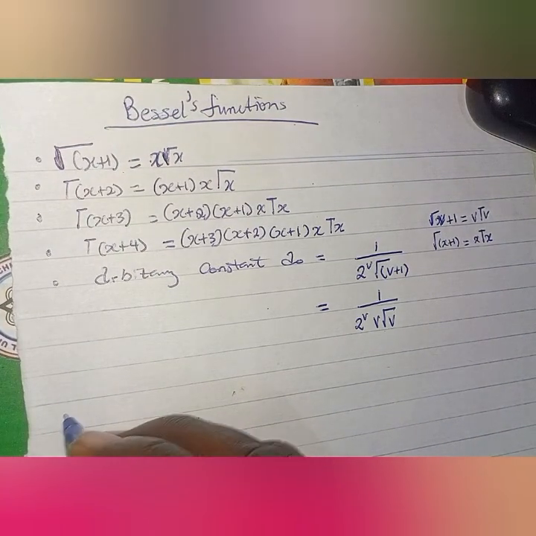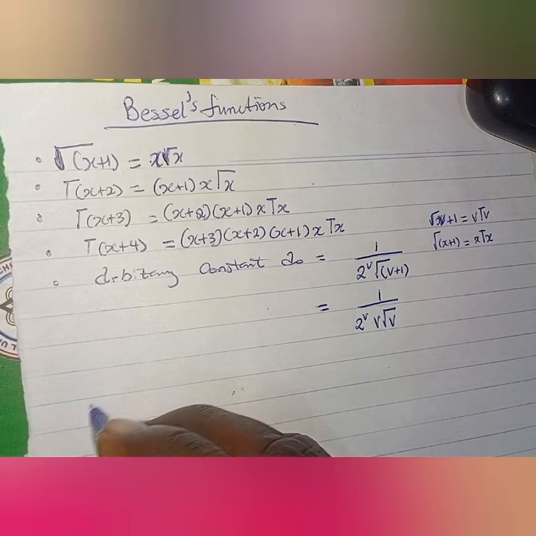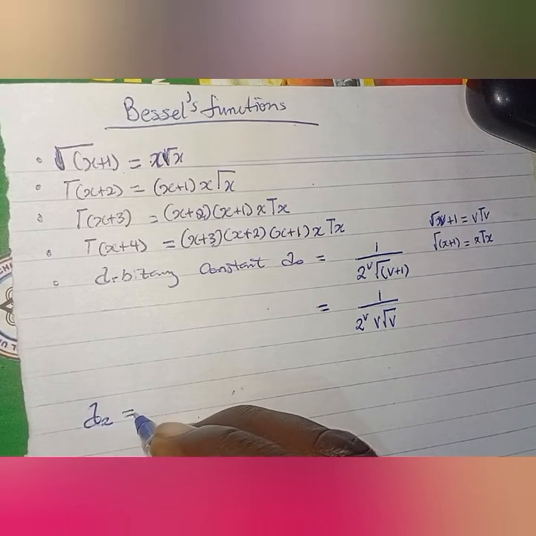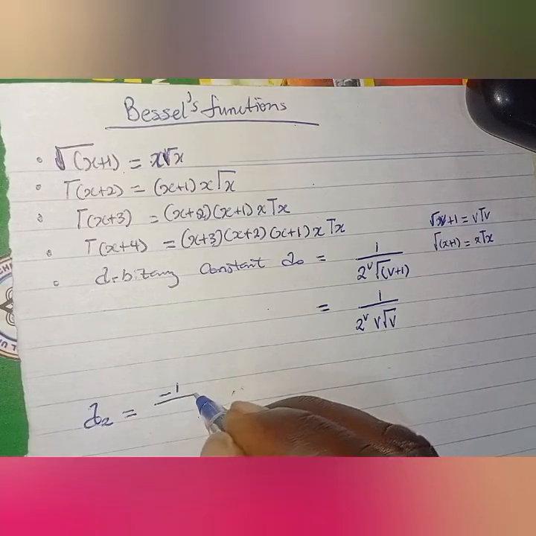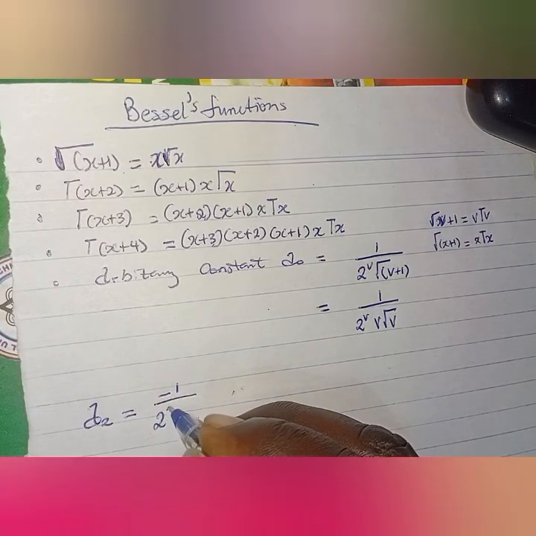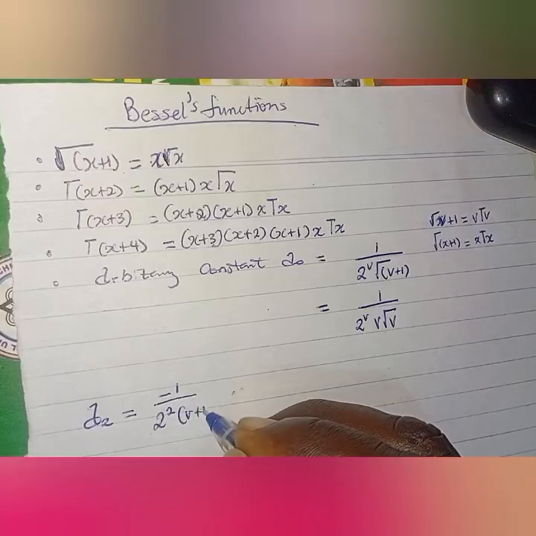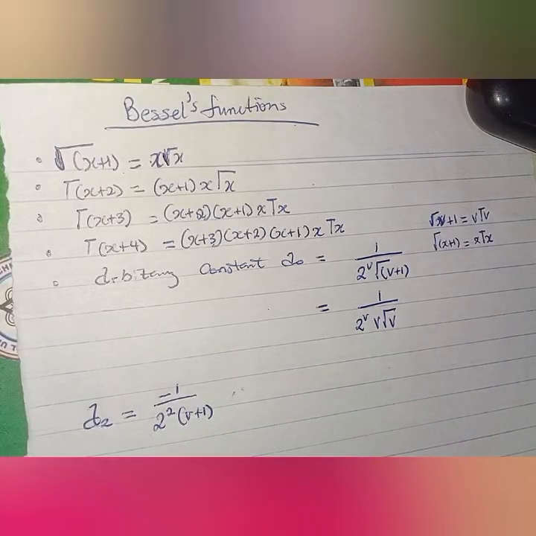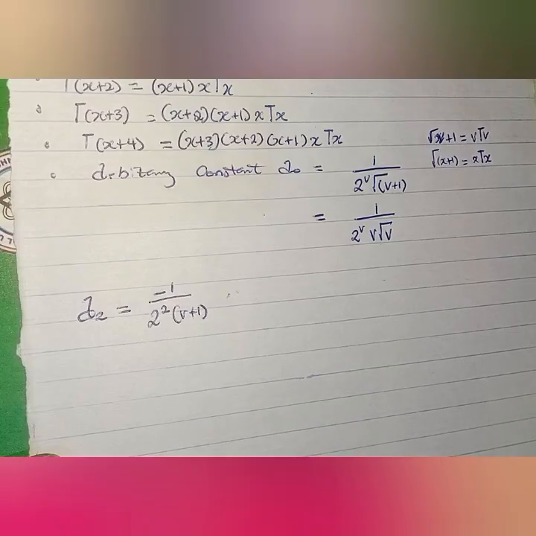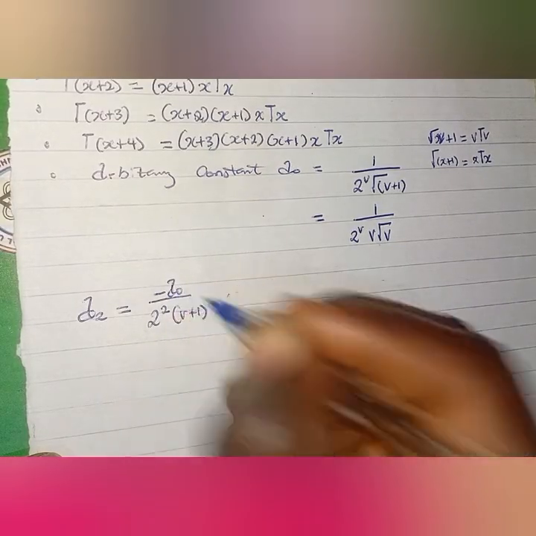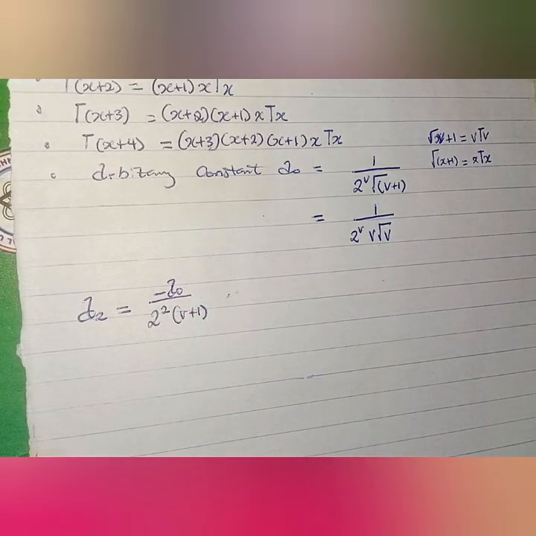So let's go. We have a naught, a2 to give us minus 1 over 2 raised power 2 v plus 1. That is what we have for a naught. If you check for a2, this is what we have. Sorry, minus a naught. This is what we have.